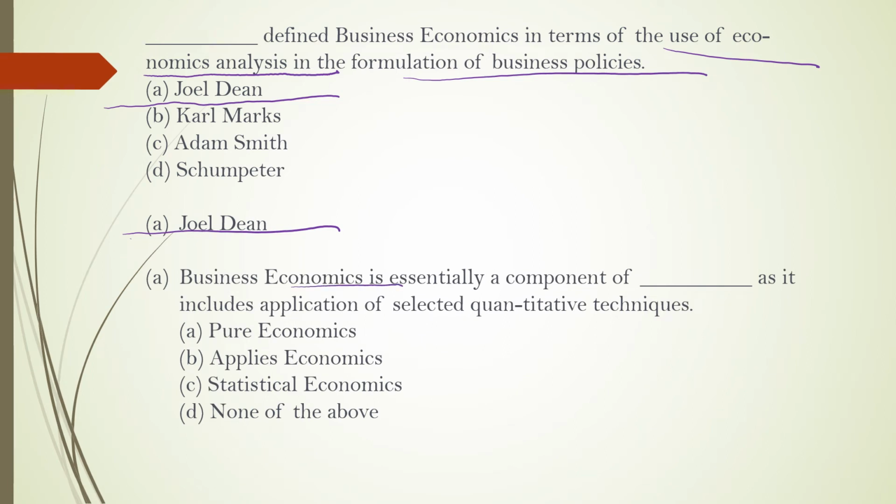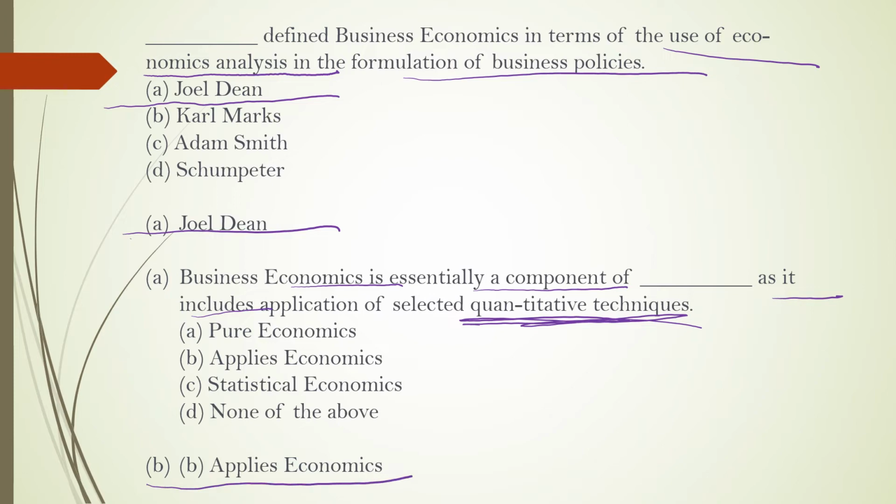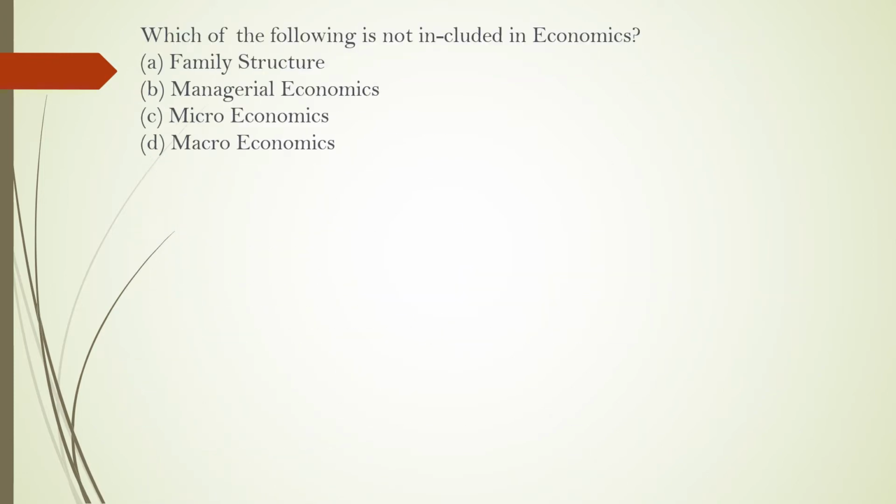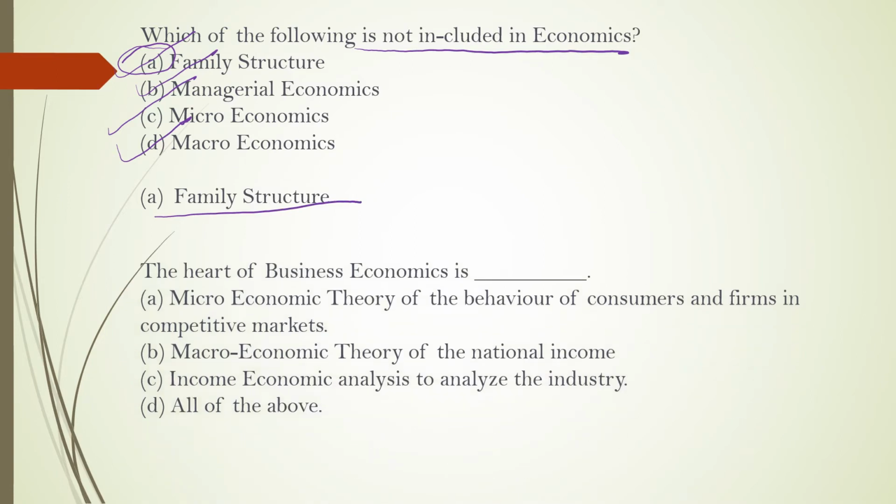Business economics is essentially a component of blank as it includes application of selected quantitative techniques. When you apply quantitative techniques, then it is applied economics. So the right answer is applied economics. Which of the following is not included in economics? Family structure, managerial economics, micro, macro. Family structure is not included in economics.